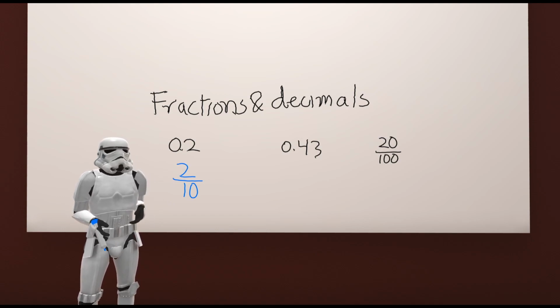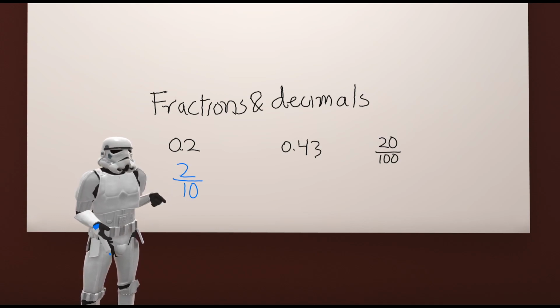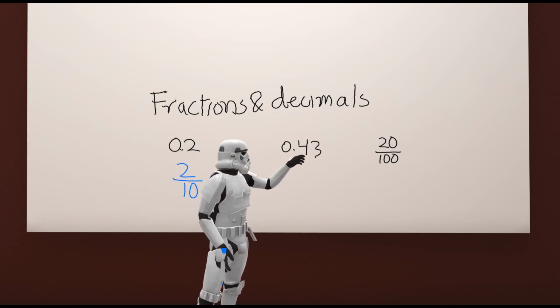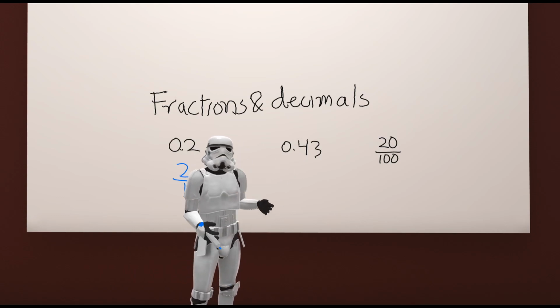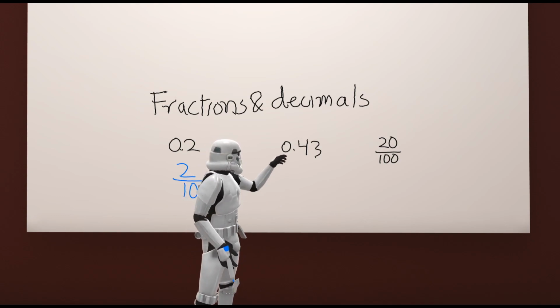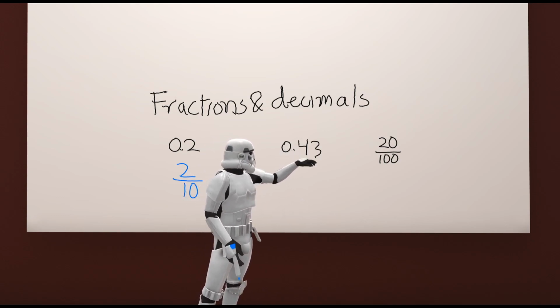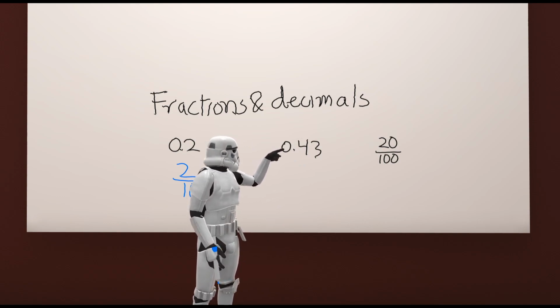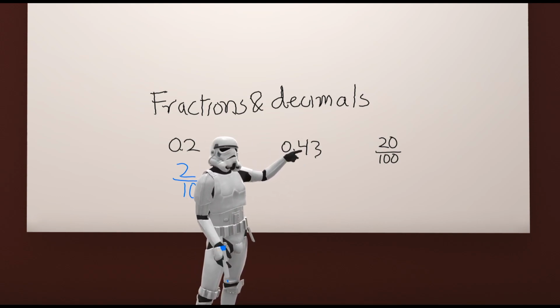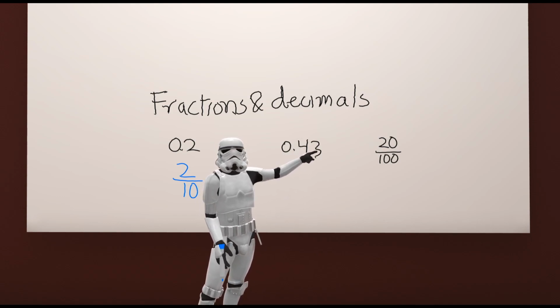We have another example over here. We have 0.43. Now, we need to find the smallest units in order to write this decimal as a fraction. So we have 0.43. So this here is called the ones, this here is the tenths, and here is the hundredths.